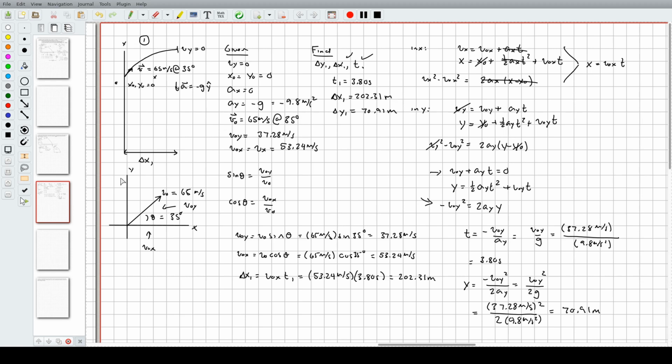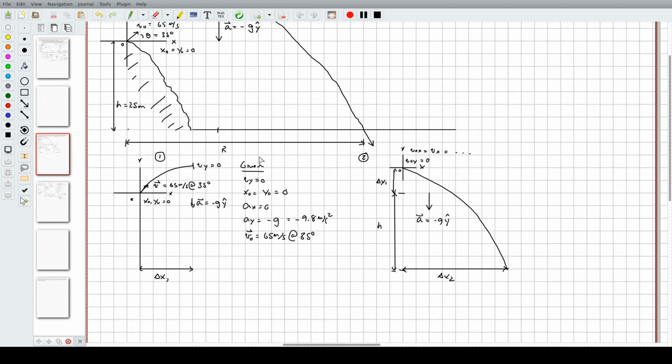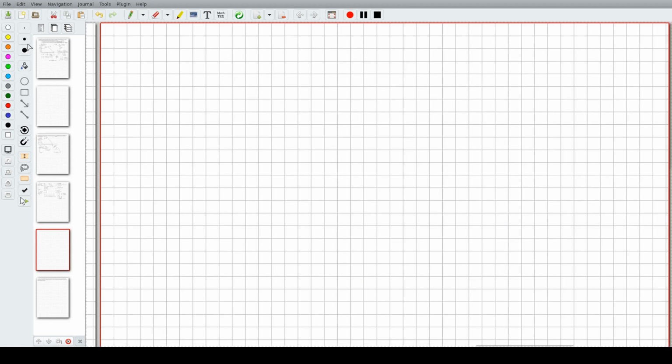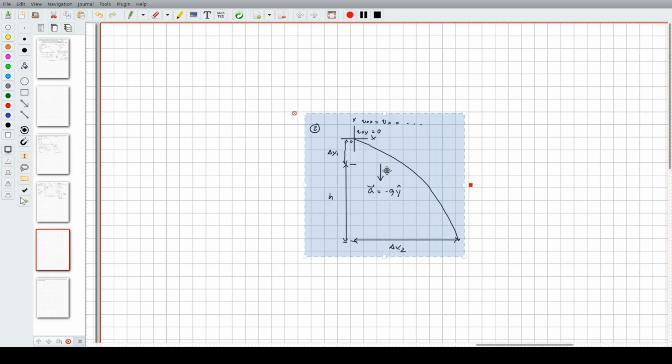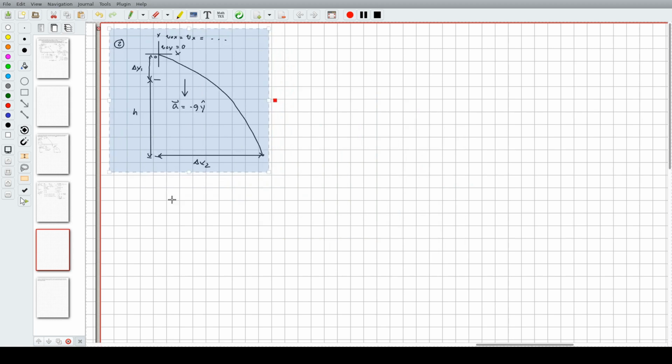Okay, so we got a lot of information here. That's good. Solved it in entirety. Now let's look at the second part. The second part was right here. Let me once again snag that. Copy, go down here and paste it in its own place. Put it about there, I think.